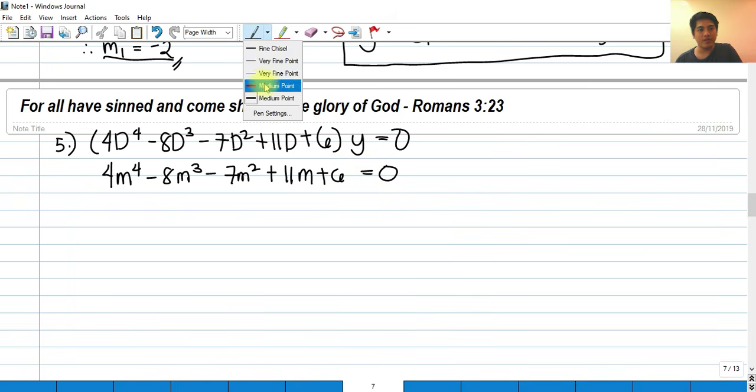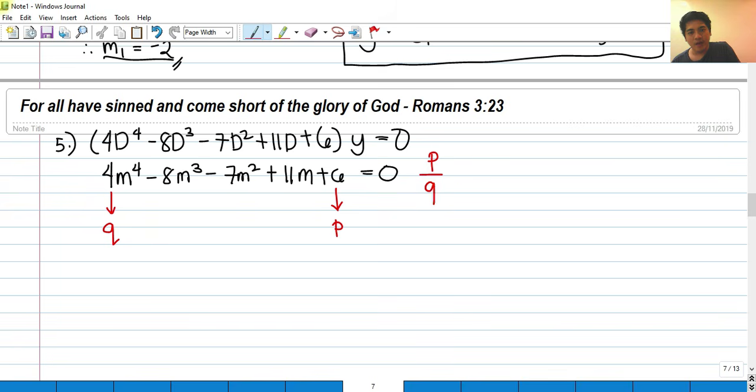Again, in order for us to find the possible roots of this, we have q, the coefficient of the highest order, m raised to 4, and p, the constant, 6.